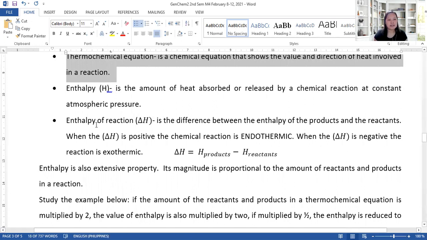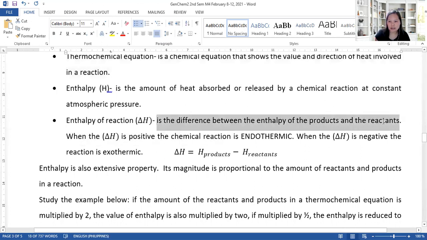And then delta H is the enthalpy of reaction. It means there is already a change in the chemical reaction. So please remember that the enthalpy of reaction is the difference. Please give emphasis on the one that I highlighted.